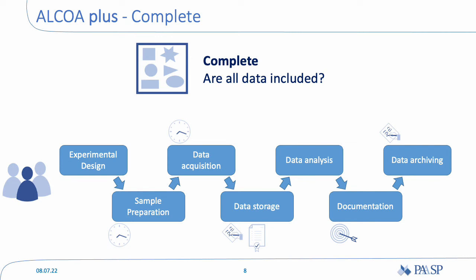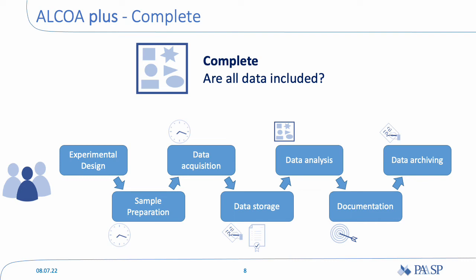Now we come to the plus principles of ALCOA, which starts with Complete. This applies to data analysis and asks whether all data are included, such as any repeats, outliers, which was discussed in a previous lecture, controls, markers, or pre-analysis, and so on.